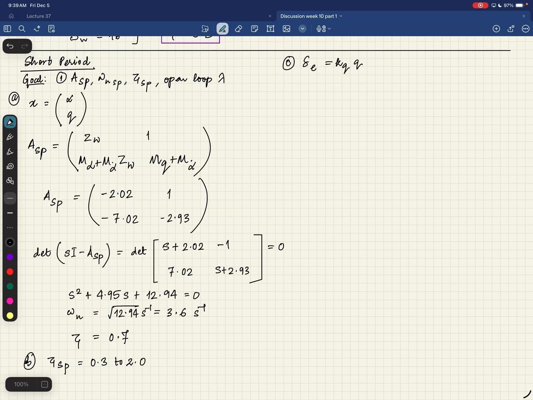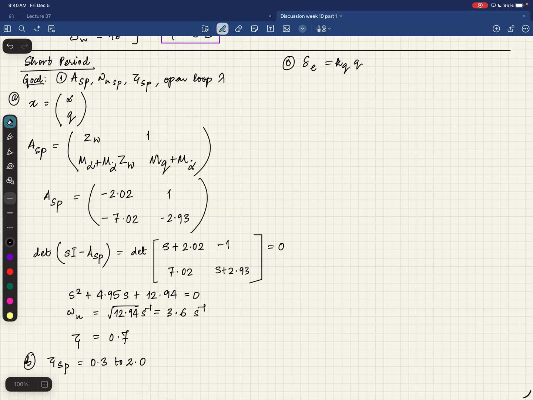So here I am explicitly giving you the control law. If I just wrote that we are going to design a feedback controller, U tilde is minus K1 X1 minus what is x1? Alpha. Q. Okay, yeah. So here I am explicitly telling you that the feedback controller does not depend on alpha, it only depends on Q. But if it were not given, you would have to find both K1 and K2.